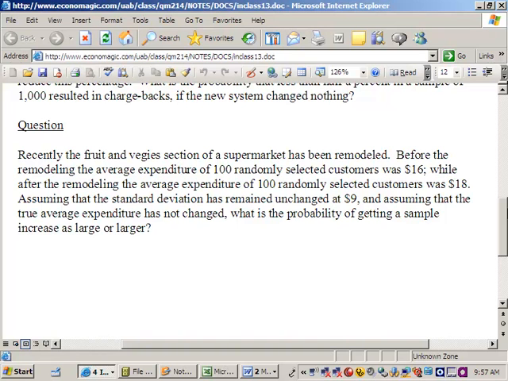Looks like the average went up, right? Assuming that the standard deviation has remained unchanged at 9, before and after the remodeling, and assuming that the true average expenditure has not changed, mu1 minus mu2 is 0, what is the probability of getting a sample increase as large or larger than what we see here?